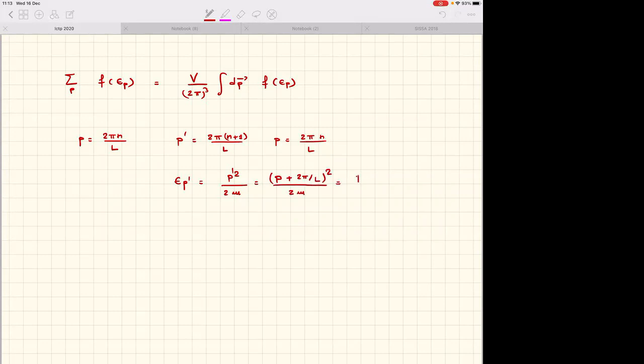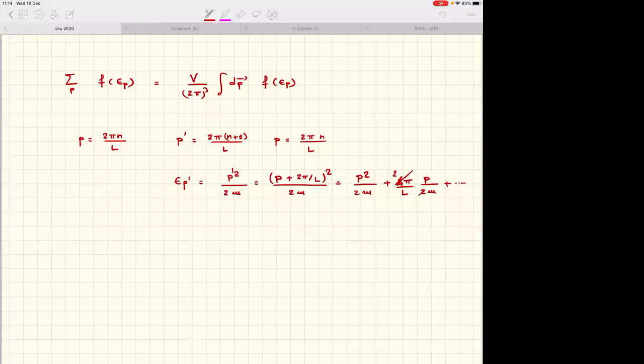In other words, it is p squared over 2m plus 4 pi over L times p over 2m, plus higher-order terms. So this has a factor of 2.